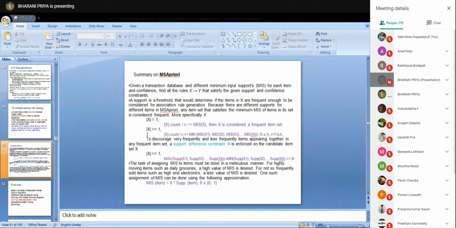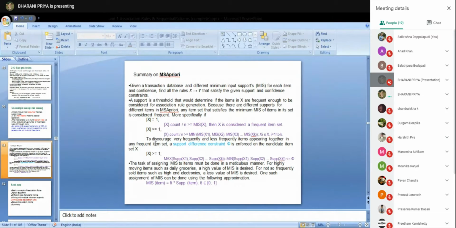Very good. If the item set has more than one item, then the actual support count should be greater than or equal to the minimum MS value of all the items that are present in the rule.